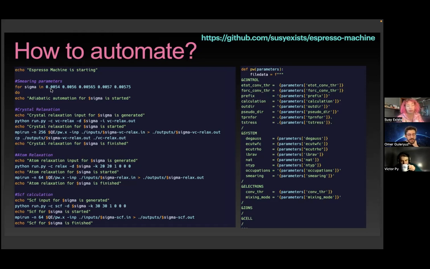First, I'm doing a crystal relaxation for the system. Like I've mentioned before, this concerns the forces in the system. The crystal relaxation reduces the forces by changing lattice parameters.